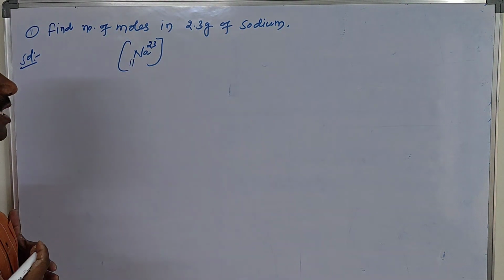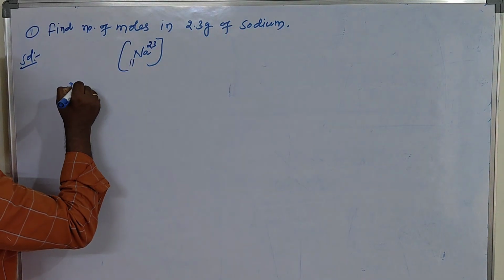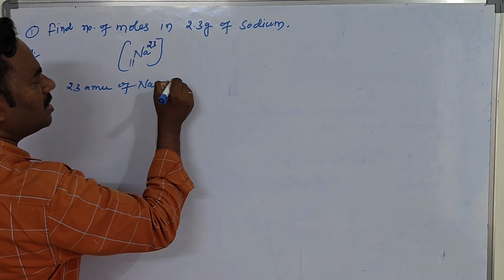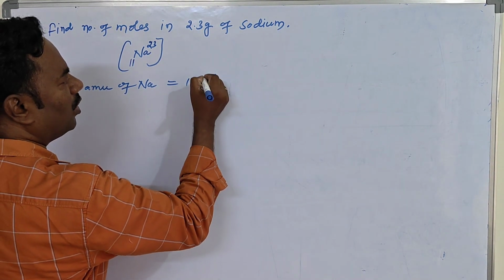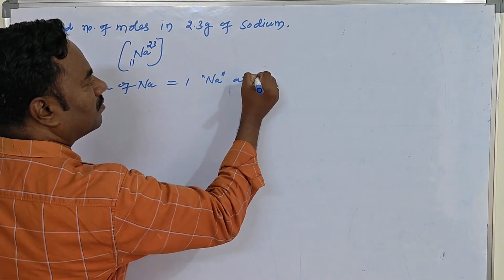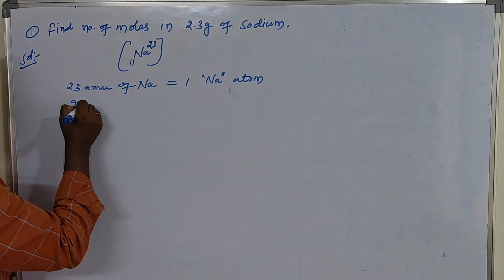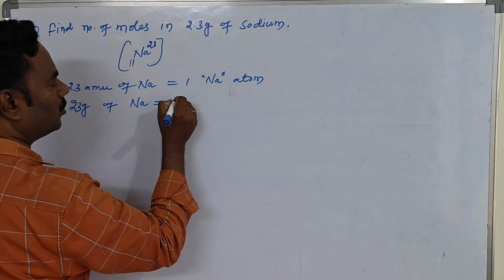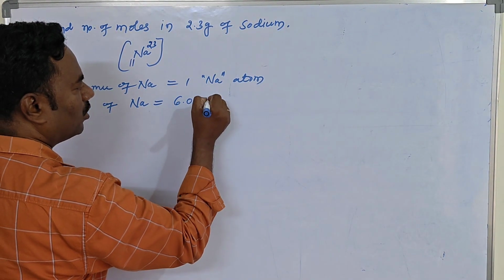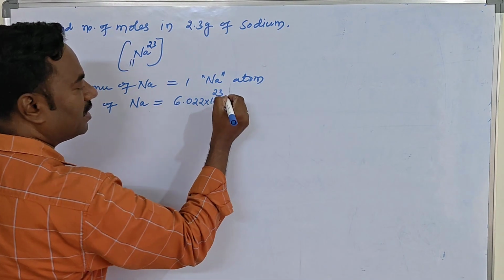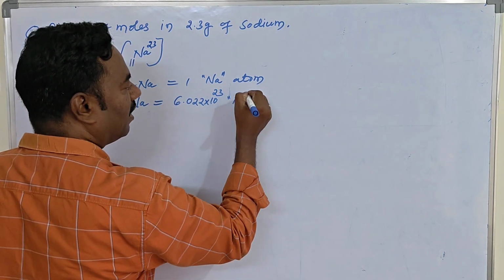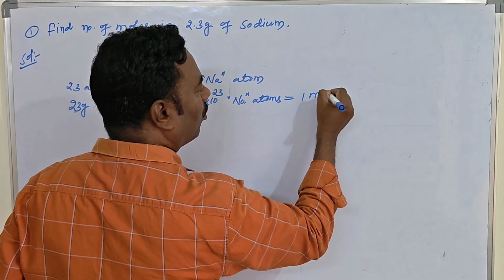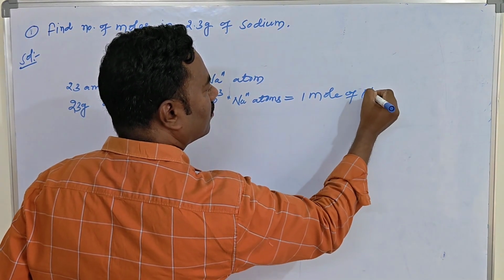From the basic concepts, I know that 23 AMU of sodium is equals to 1 sodium atom. 23 grams of sodium is equals to 6.022 into 10 to the power of 23 sodium atoms. It is equals to 1 mole of sodium.